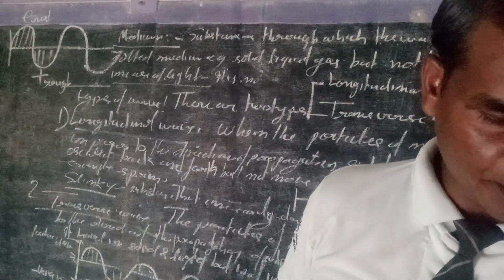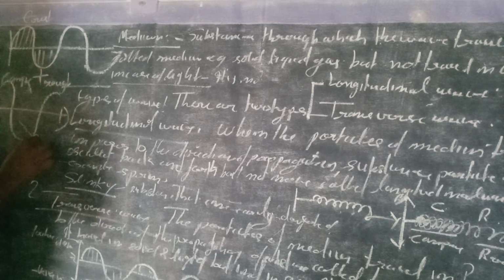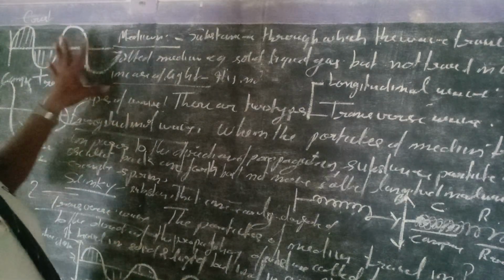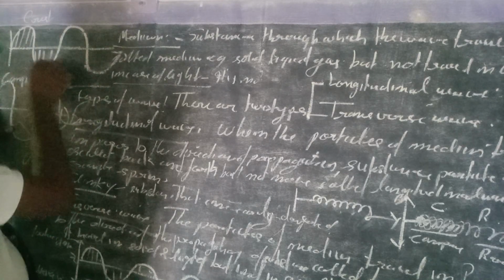Compression and rarefaction also form during travelling. The upper level will be compression, and this is rarefaction. So with the help of the figure we can understand it well.